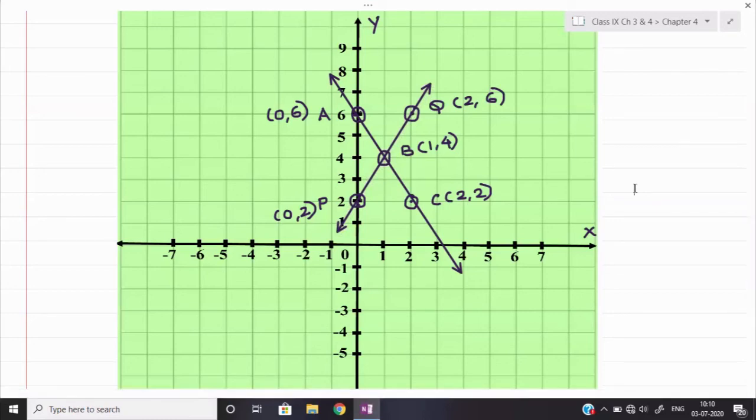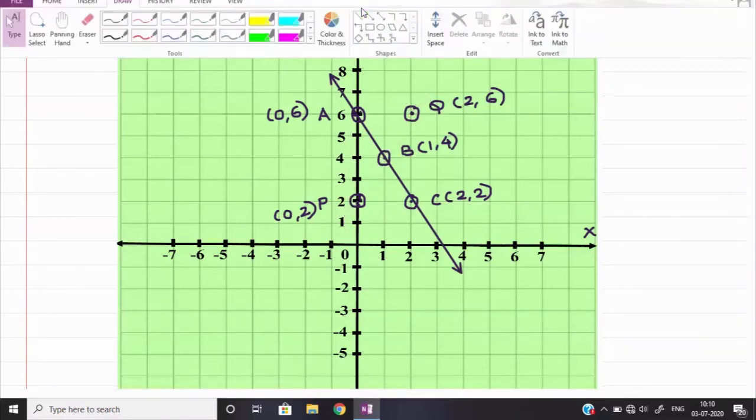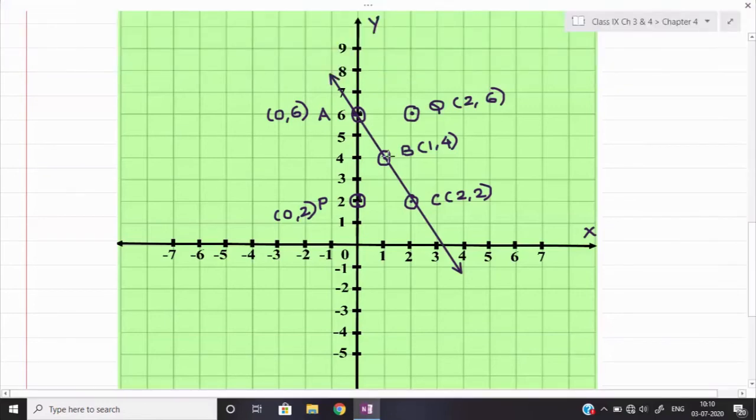One mistake I think we have made, we need to extend the line up to some length, because further we need to find out the area also. So once again we can draw a line. We shall draw a line till the x-axis. Yes, I think it is perfect. It is passing through -1.